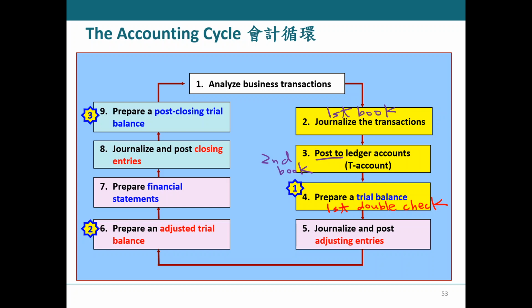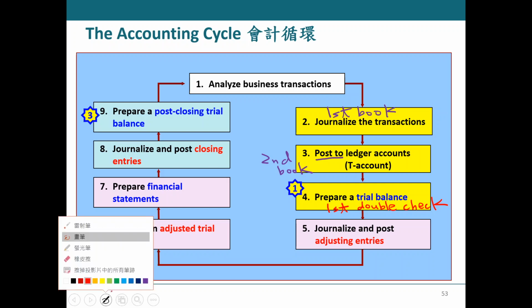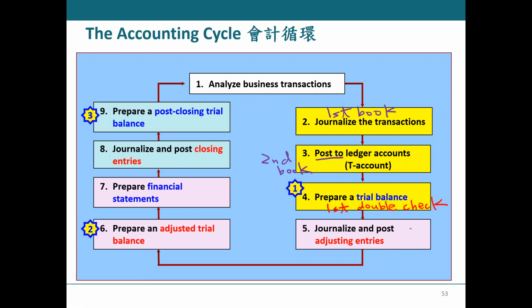So for the 10% of transactions, we need to use adjusting entries to record it.